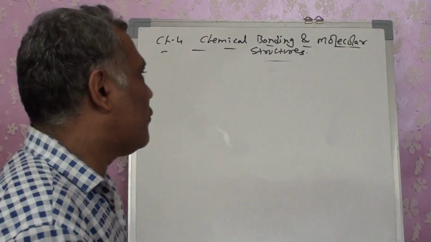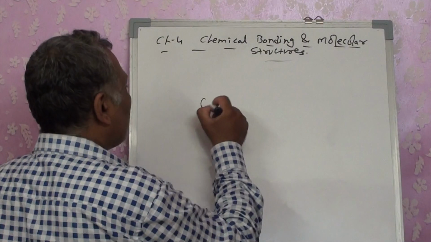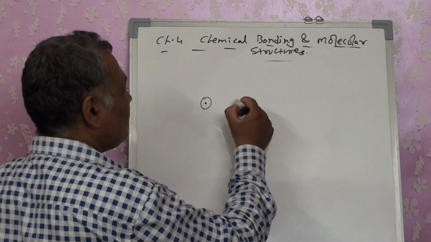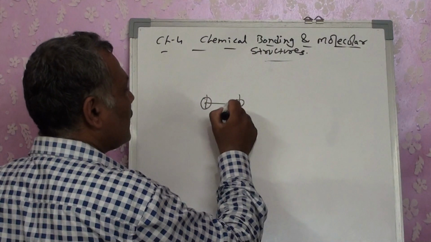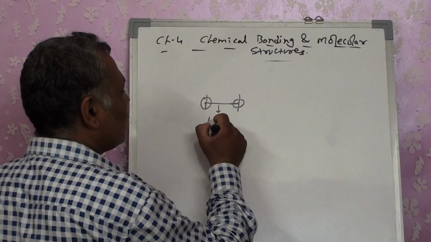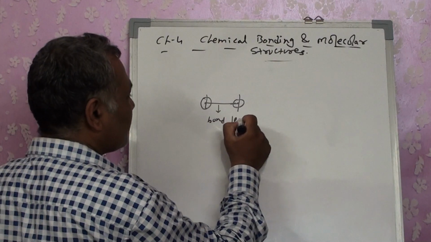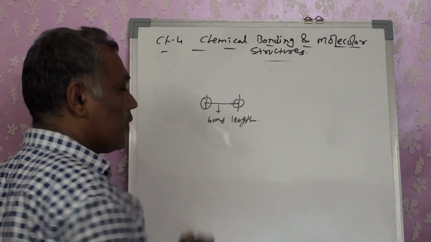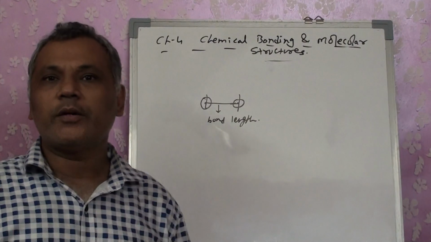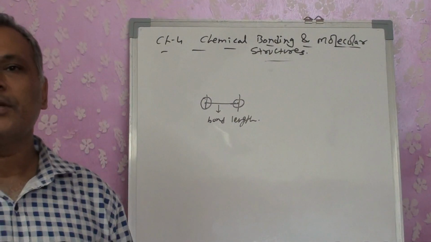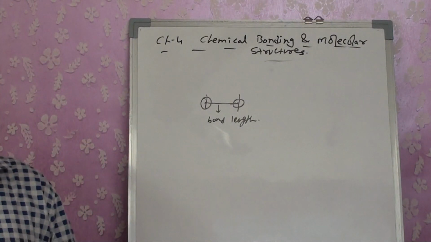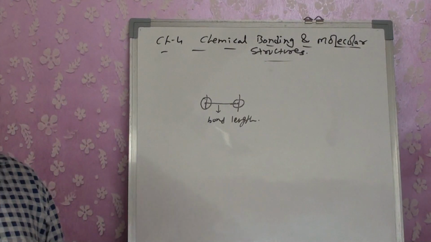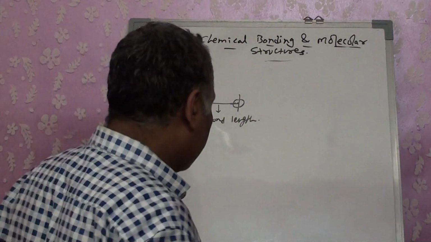The distance between the two atoms where the force of attraction is maximum, this is known as bond length. Okay. The second one is bond angle.